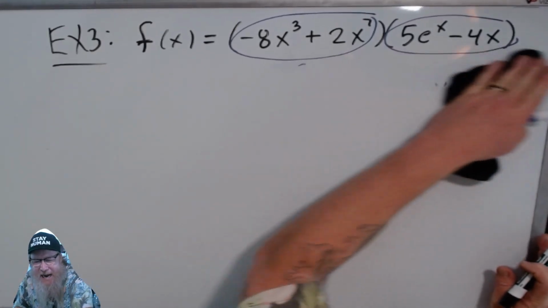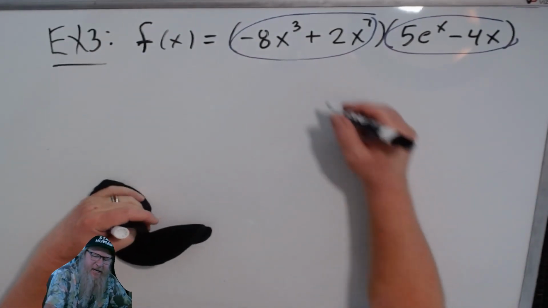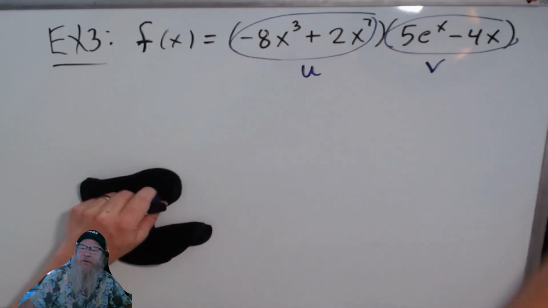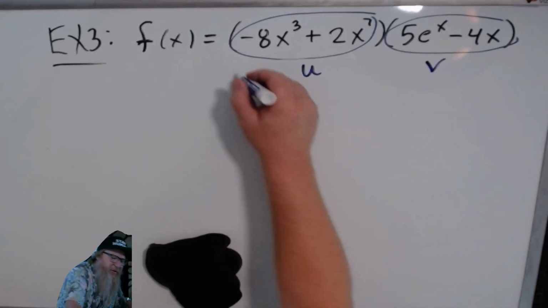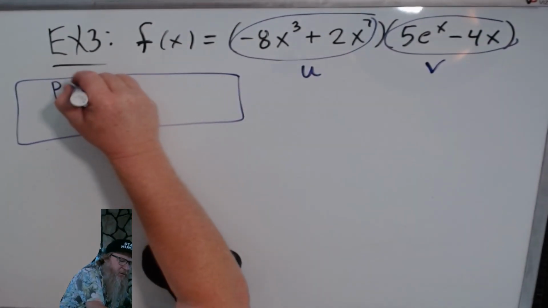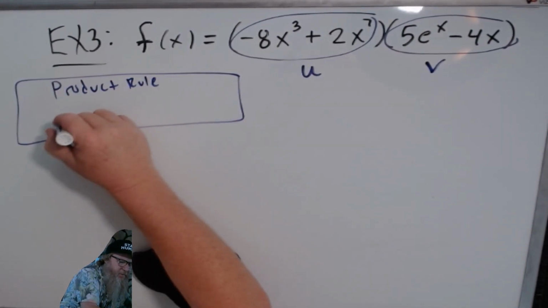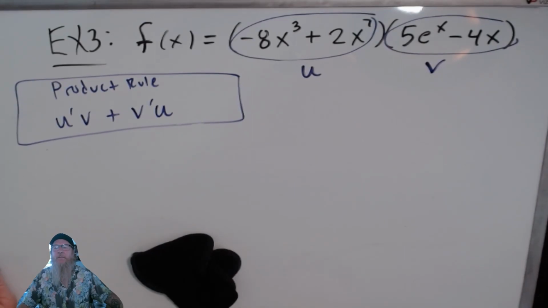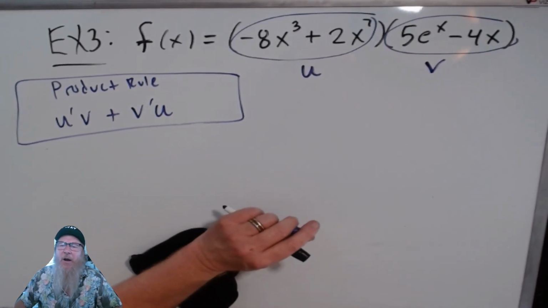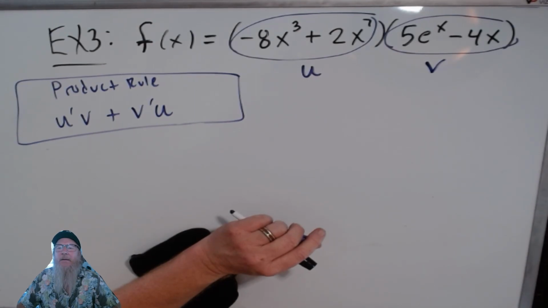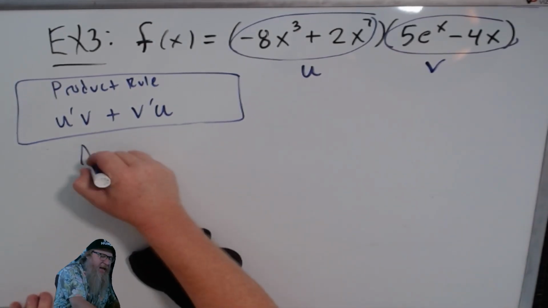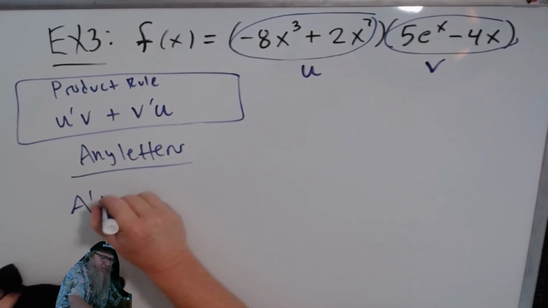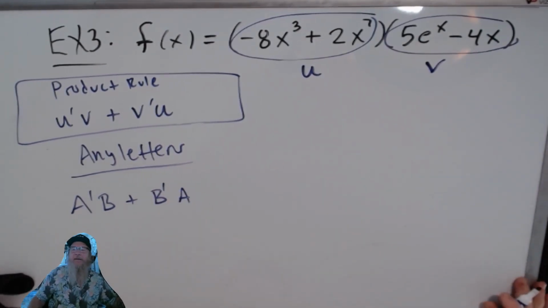You really shouldn't be attached to the letters f and g. You should be flexible and maybe use other letters. So another version of the product rule is u prime v plus v prime u. In fact, you can use any letters. You could say a prime b plus b prime a.